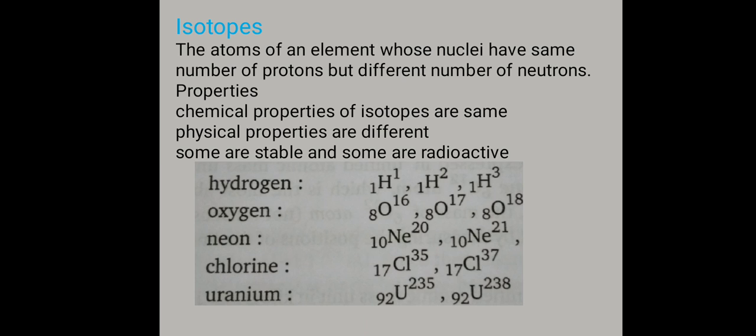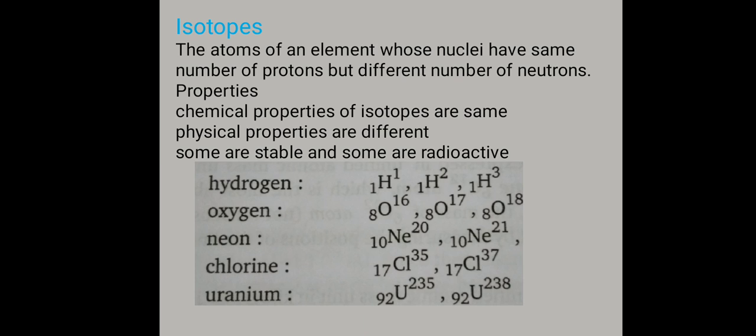What are isotopes? The atoms of an element whose nuclei have the same number of protons but different number of neutrons. Nuclei having the same number of p but different number of n are called isotopes. Chemical properties of isotopes are the same, physical properties are different. Some are stable and some are radioactive.